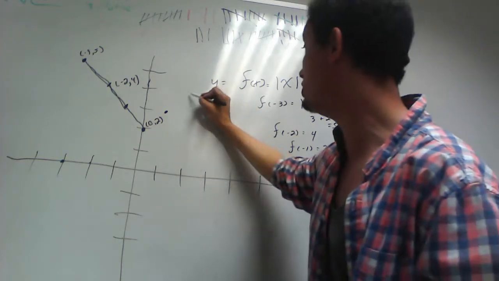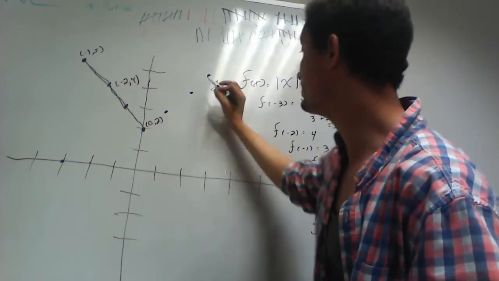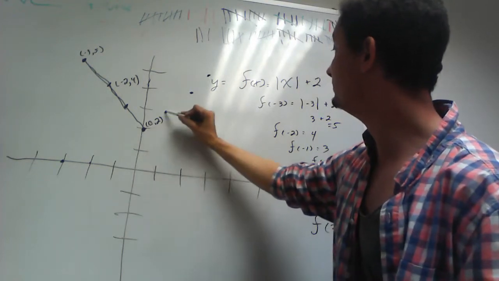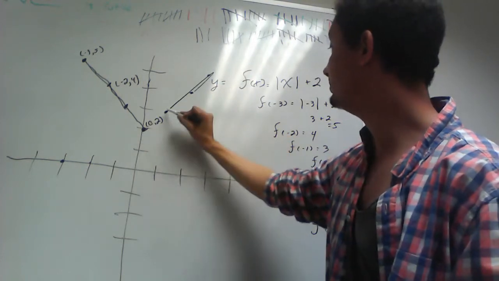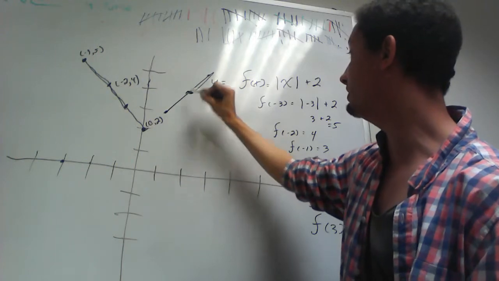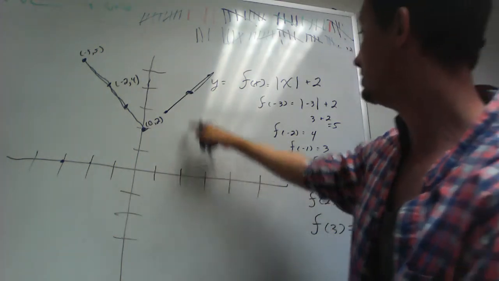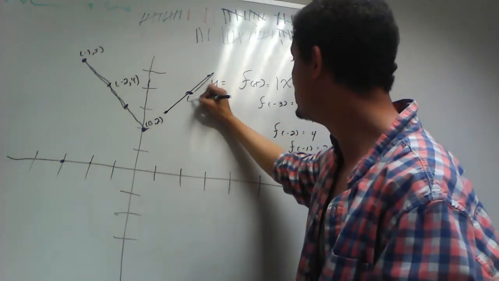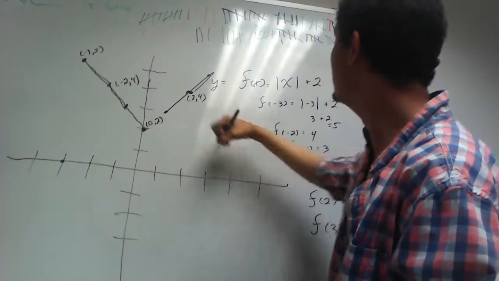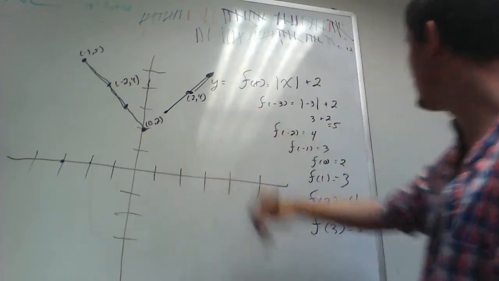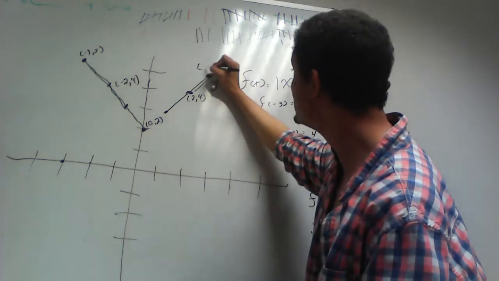It's going to be a V shape. So we'll just keep plotting it. Here's another one of them. There's 2 and 4 right here. And then there's another one here. It's 3 and 5.